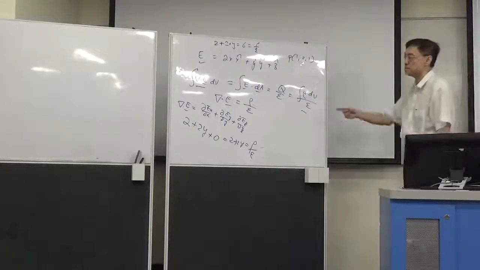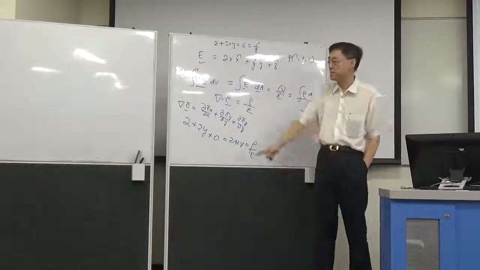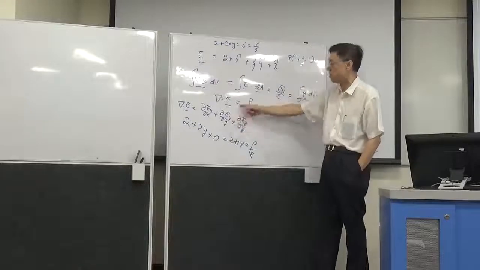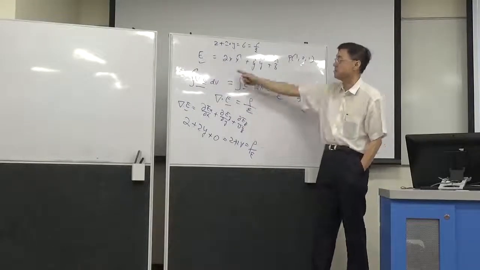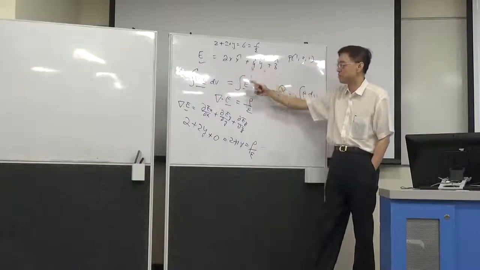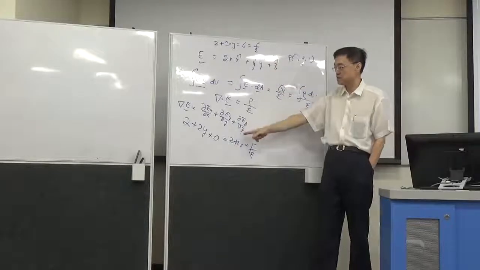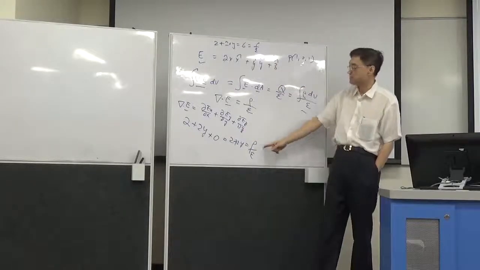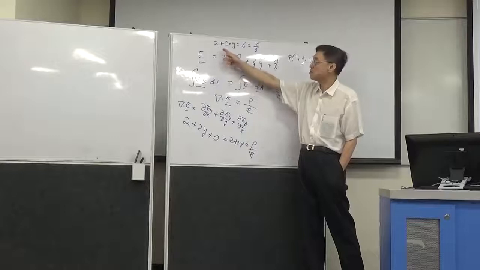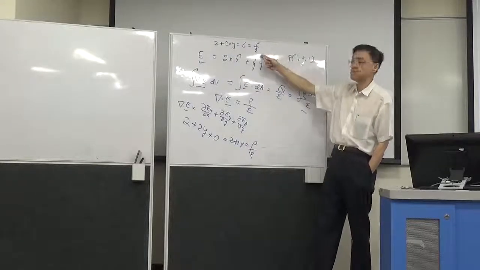So all you have to do is find the divergence of E. You find the divergence of E from the formula: del Ex over del X plus del Ey over del Y plus del Ez over del Z. Differentiate 2x with respect to x, gives you 2. Differentiate y squared with respect to y, gives you 2y. Differentiate 1 with respect to z, gives you 0. So the answer is 2 plus 2y equal to rho over epsilon.